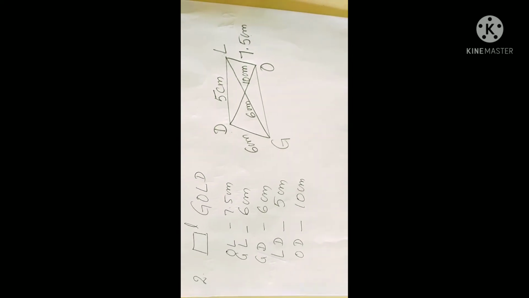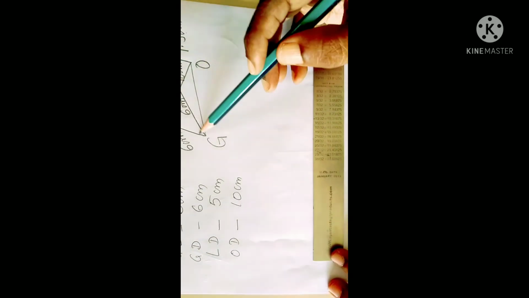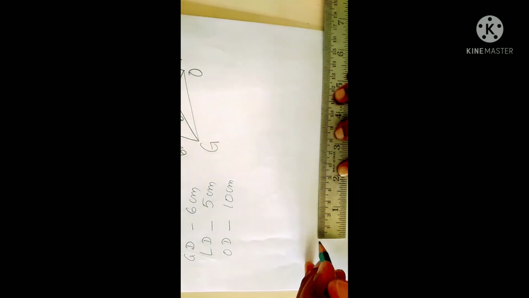So, again here whichever side you want to draw, you can draw, or if you wish you can draw this line first. So, I am going to draw that line first. This time let us draw GL 6 centimeter. Okay. So, GL is 6 centimeter.